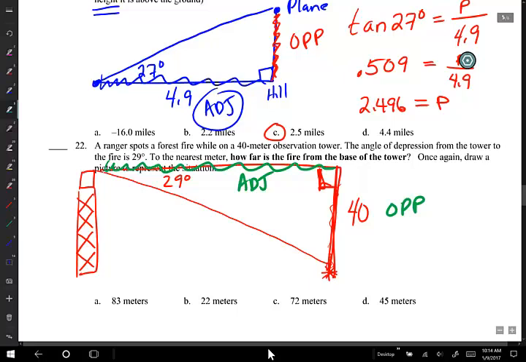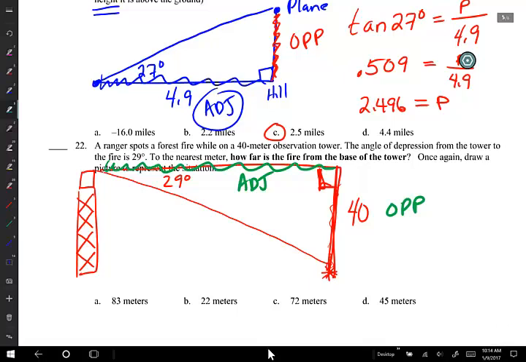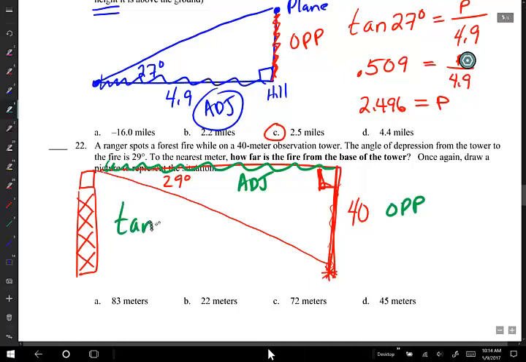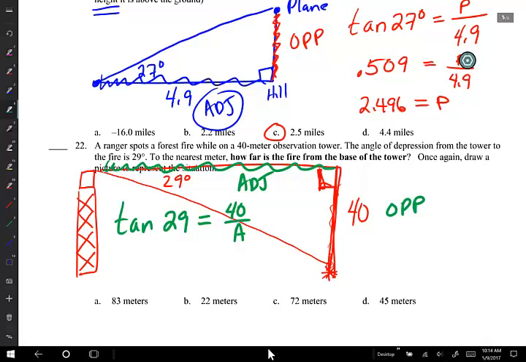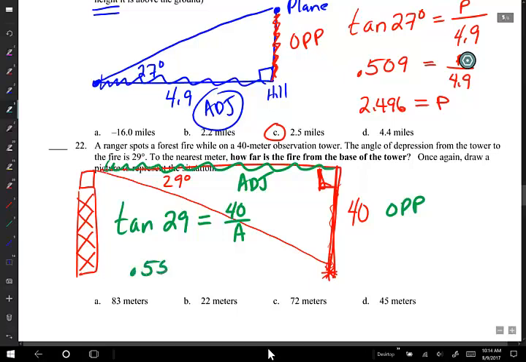So what function do we use with opposite and adjacent? Tangent. So tangent of 29 equals 40 over adjacent. I'm going to call it A. So plug in and do the tangent of 29, and you get 0.554 equals 40 over A.